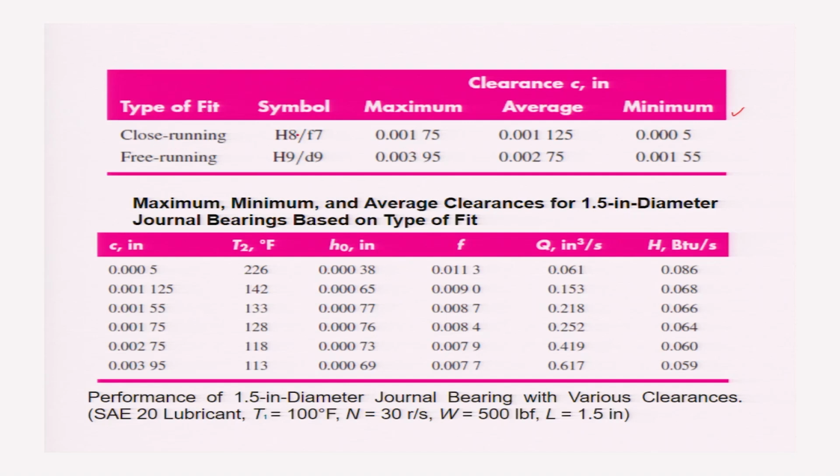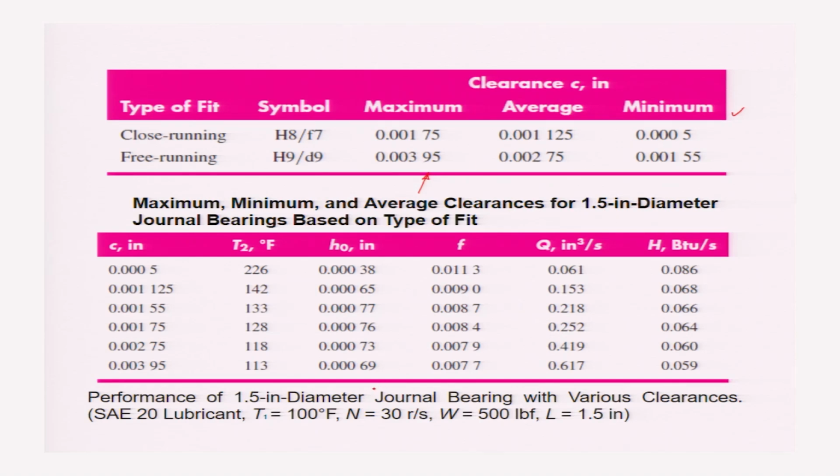Now, close running fit is represented by H8/f7, the tolerance levels, and for free running the symbol is H9/d9, the tolerance levels for the shaft and the bearing. This is shown here: maximum, minimum and average clearances for 1.5 inch diameter journal bearings based on type of fit.